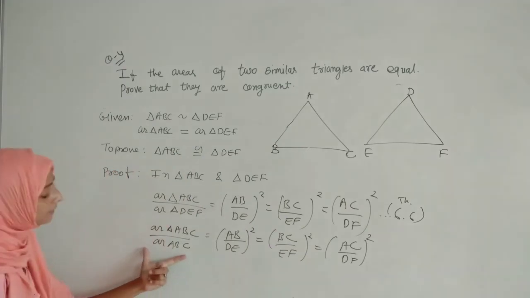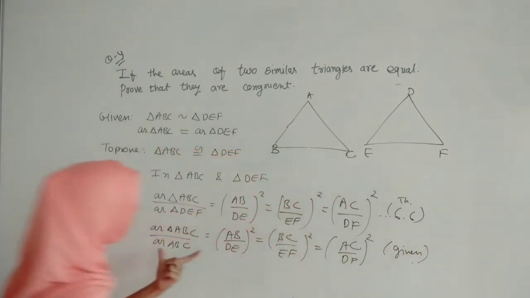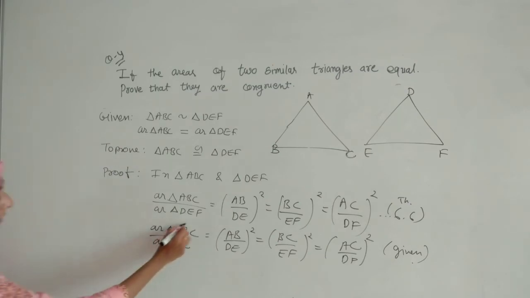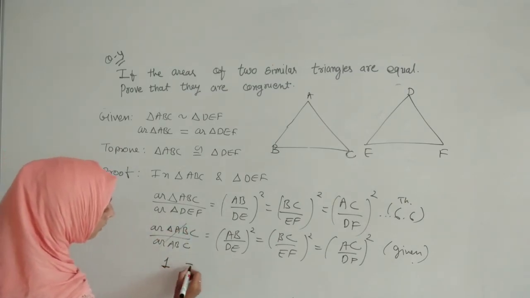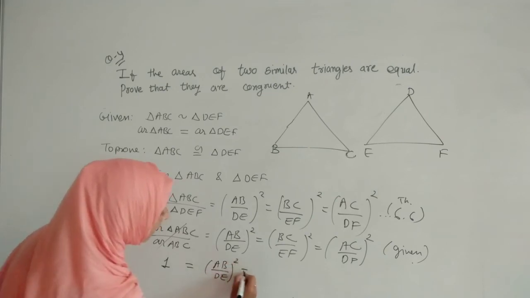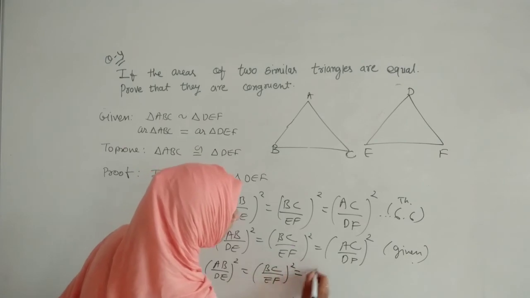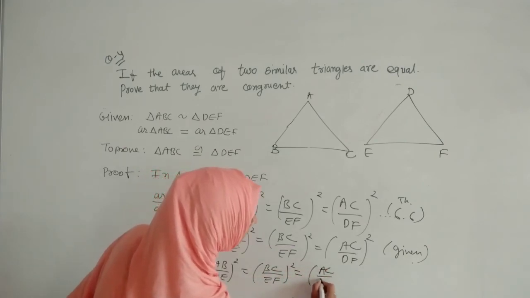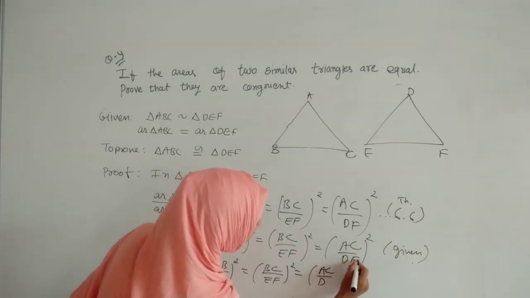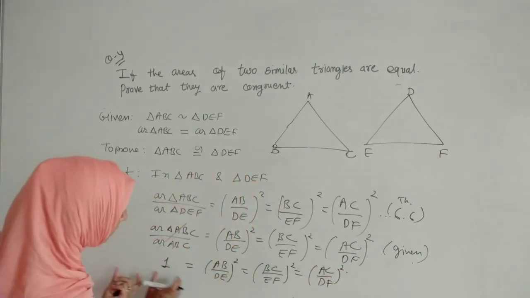How did we write this? This is from given, so in bracket I will write from given. If we are cancelling out, it will look like 1, and that will be equal to AB by DE whole square, equal to BC by EF whole square, equal to AC by DF whole square. So here we will compare each with this one.